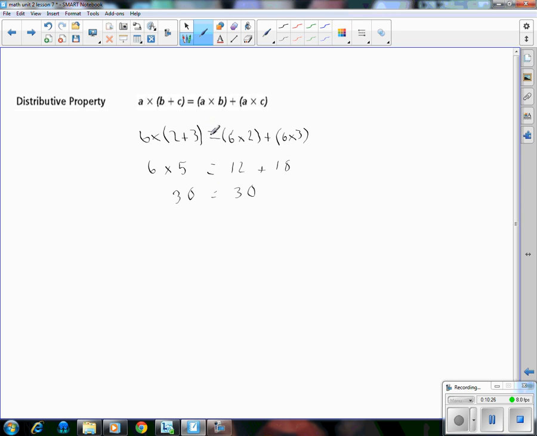So this is called the distributive property because in this example, A, or 6, when multiplied by these two numbers that are already added together, you can also distribute it between both B and C, or in our example, 2 and 3, and multiply those numbers separately to get the same total.